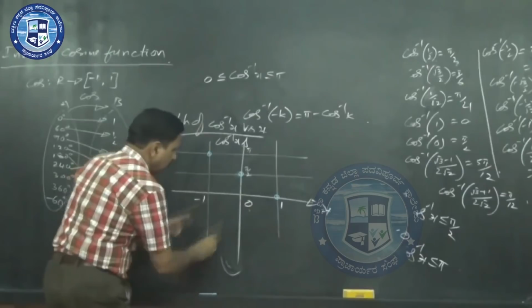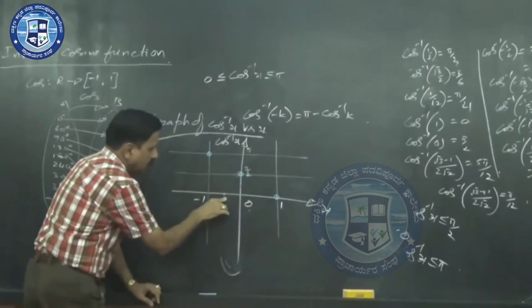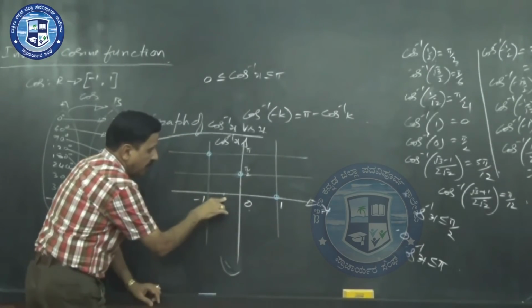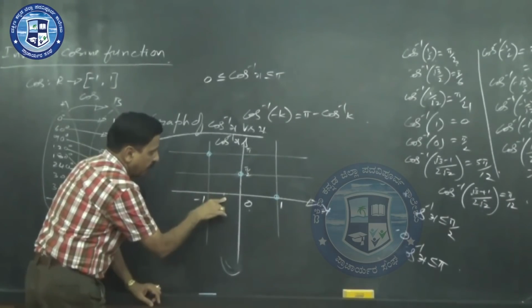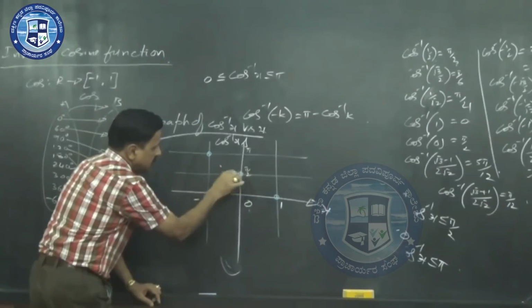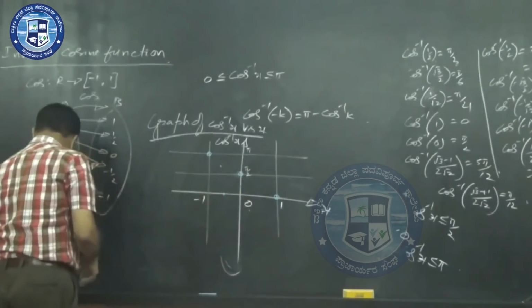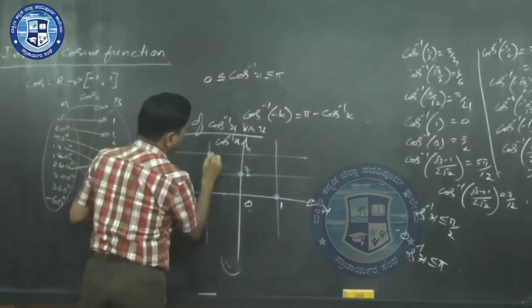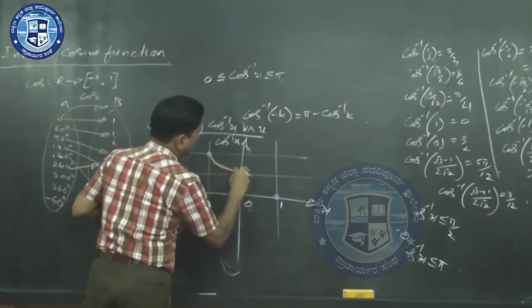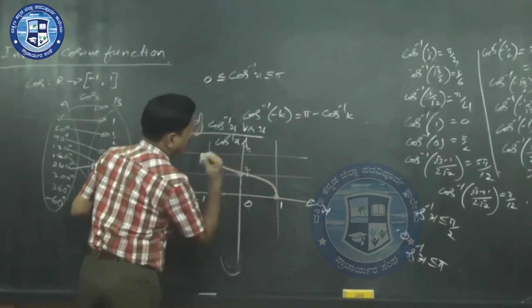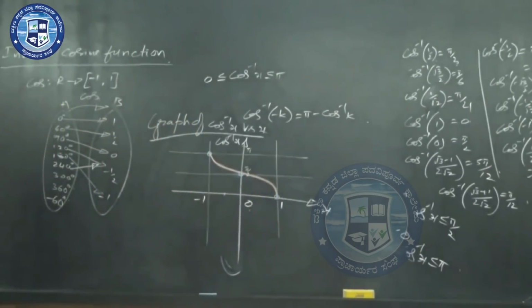Cos inverse minus half is here. It is equal to pi minus cos inverse half, that's pi minus pi by 3, 2 pi by 3, 120 degrees. 120 comes somewhere here, because this is 90, 120, and this is 180. If you draw the graph, you get a graph like this.